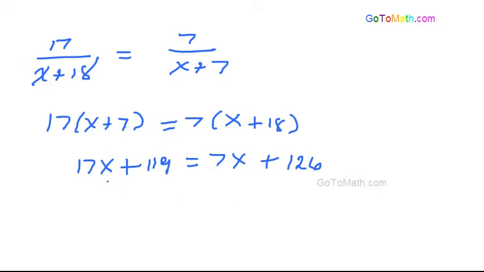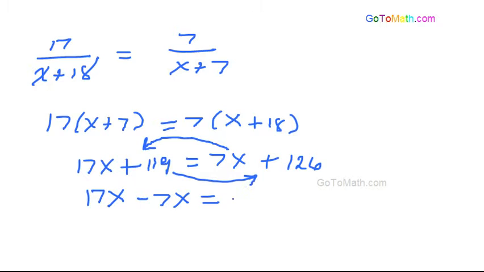And then of course we'll get the like terms together. We're going to take that 7x over to this side. So this will become 17x minus 7x is equal to, and then we'll take that 119 over here. And remember, it's always the opposite sign. Alright, and so we have 10x is going to be equal to 7.